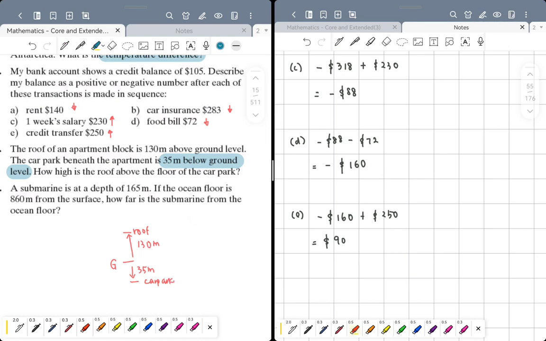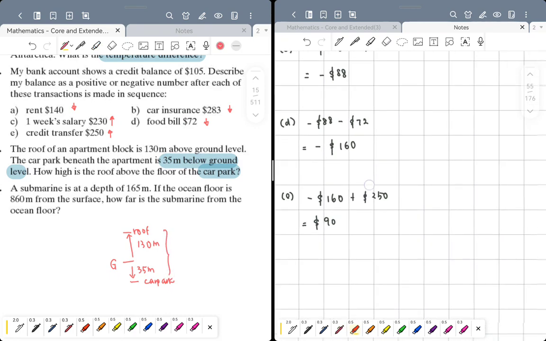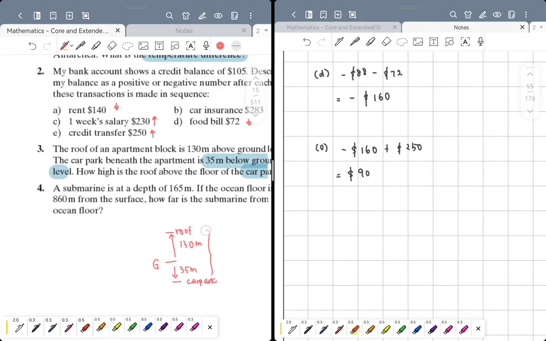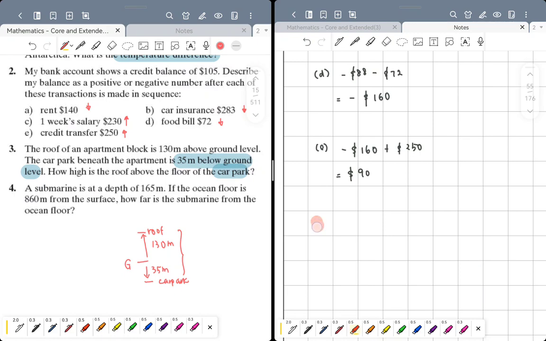How high is the roof above the floor of the car park? So you're going to find the distance from the roof to the car park, and it will be here. So you're actually adding. There are two ways to do this. Question 3. Let me use my pen.